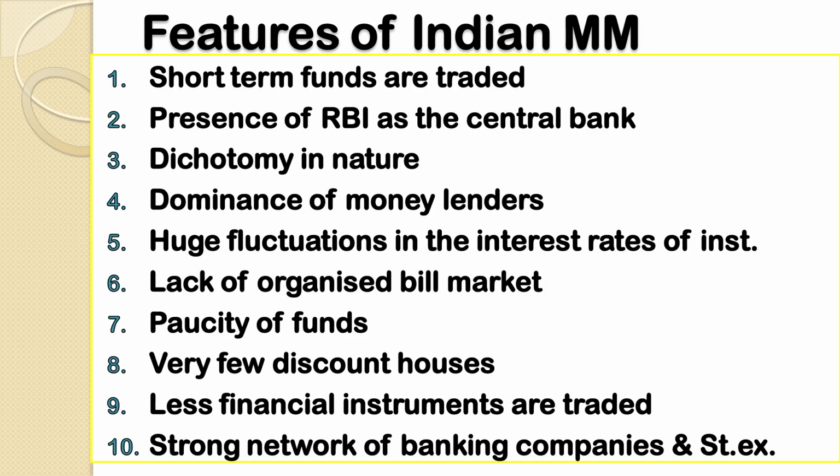Now the fourth point is dominance of money lenders. In a country like India, it is said that almost 70% of the money market is captured by the money lenders, which comes under the unorganized sector. But it is one of the negative points concerned with our Indian money market, that it is dominated by the money lenders.